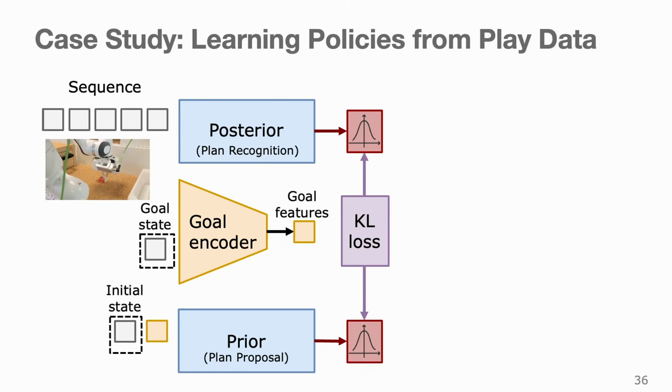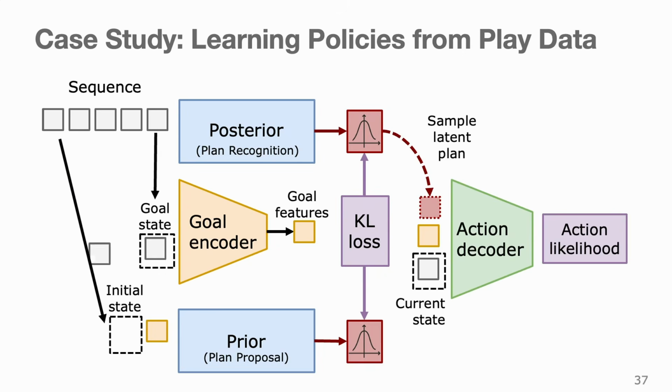And then we minimize the KL divergence between these two encoders, making the prior assign high likelihood to behavior that was actually executed during play. At test time, we will discard the posterior and use this plan sampler to predict multimodal plans. The trick here is that by feeding these short-horizon goal image demonstrations into a simple maximum likelihood imitation objective, we can now learn task-agnostic control in a fully self-supervised manner from this multimodal play data.